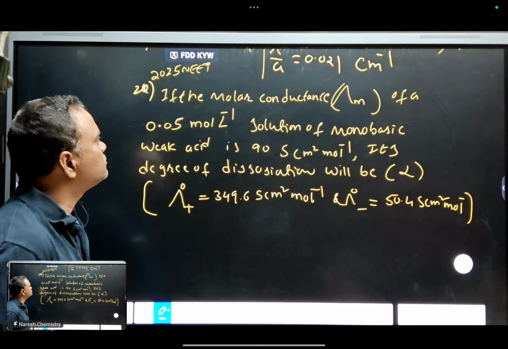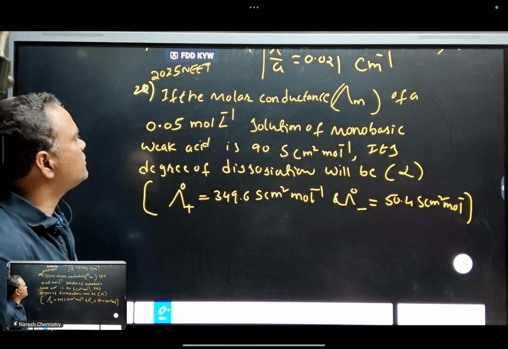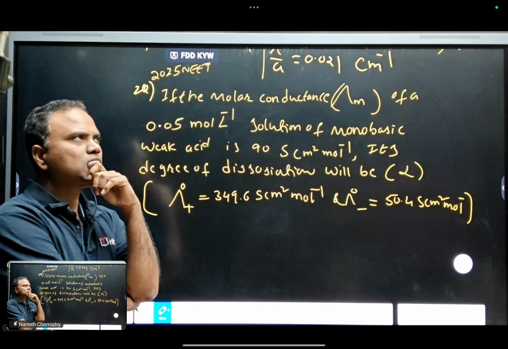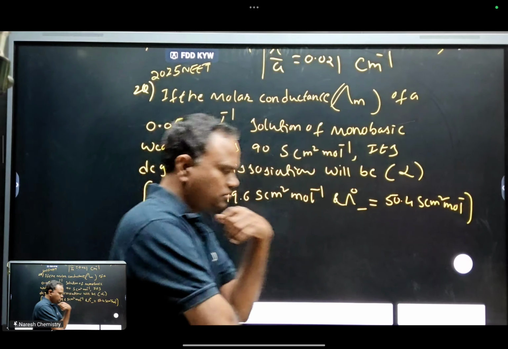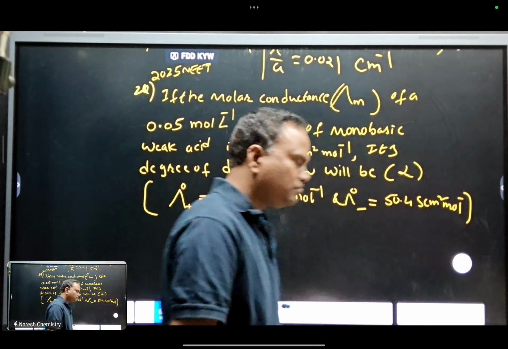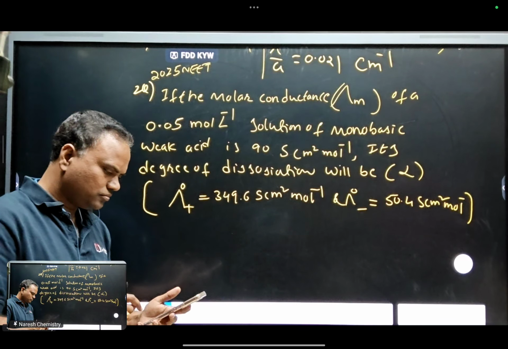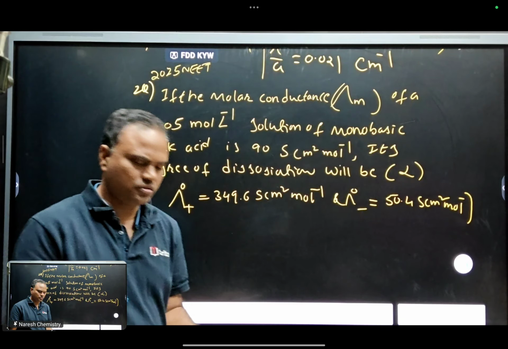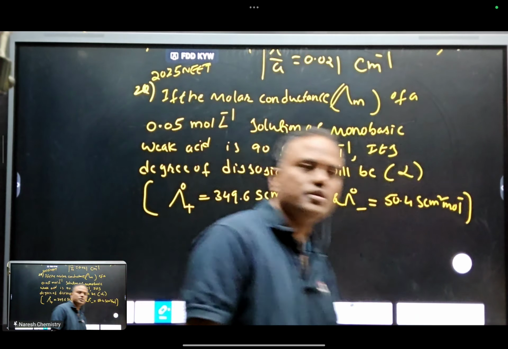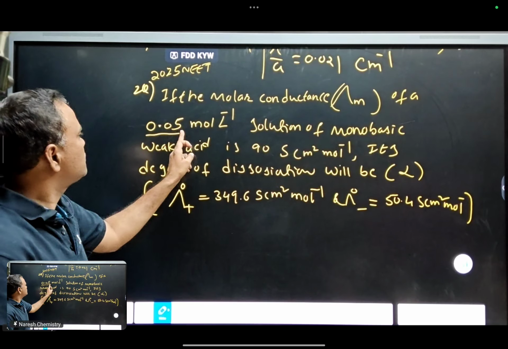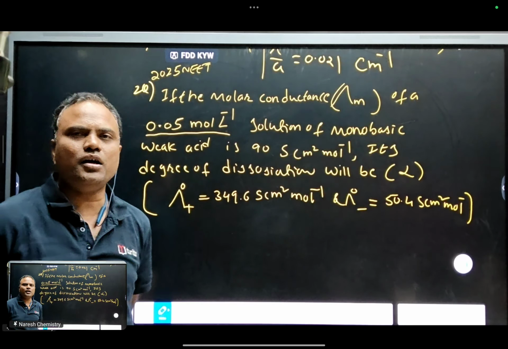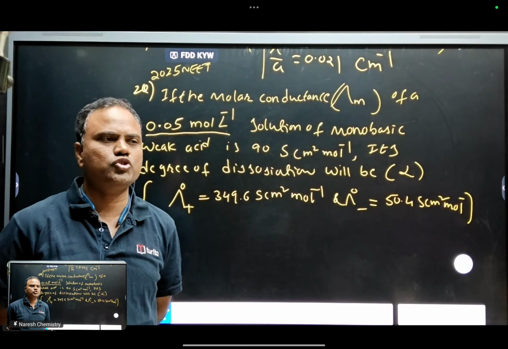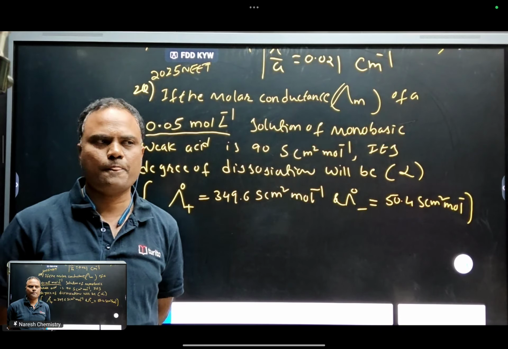How to solve this question? Lambda m is given, and concentration. The answer 0.225, correct, Lochana. See once, the 0.05 data belongs to which parameter?